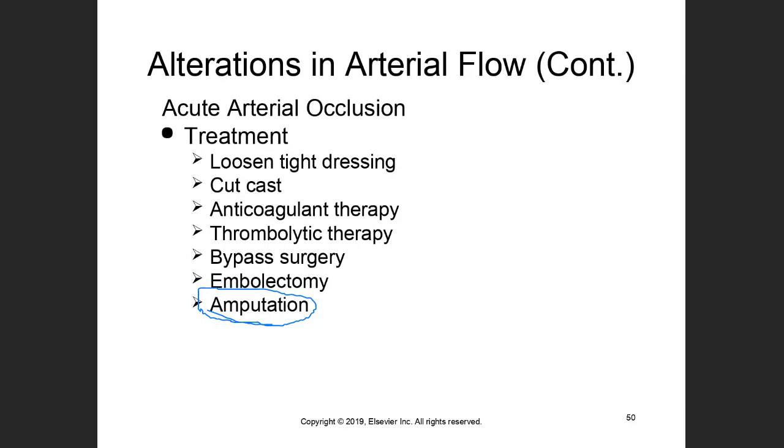Later, if you work with an orthopedic surgeon, you are going to see that sometimes when doing a surgery you do something called exsanguination. You put something really tight right here and apply a tourniquet to remove all the blood, because when you are doing surgery, blood just gets in the way.